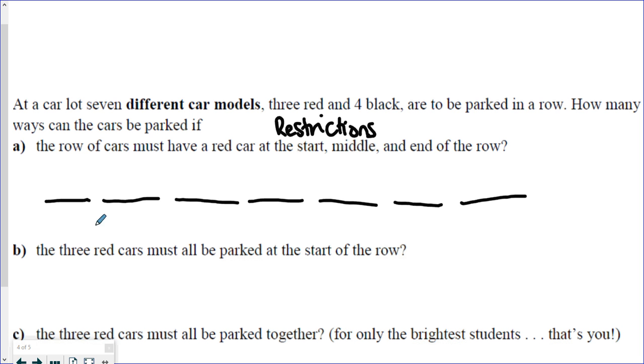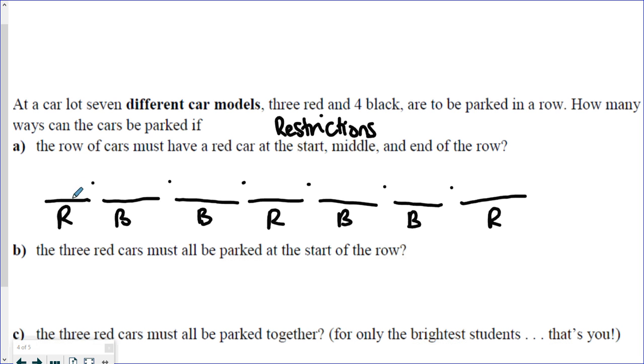It says there needs to be a red car at the start, in the middle, and at the end of the row. So this means the others need to be black, black, black, and black. So it's asking how many ways can these cars be arranged if this needs to be happening.